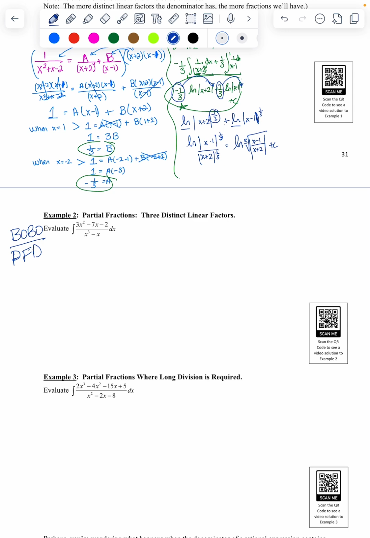So with partial fraction decomposition, you want to take that denominator and you want to break it up. So you have your 3x squared. So let's break this up algebraically.